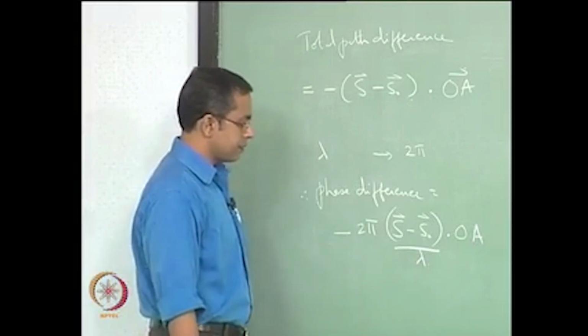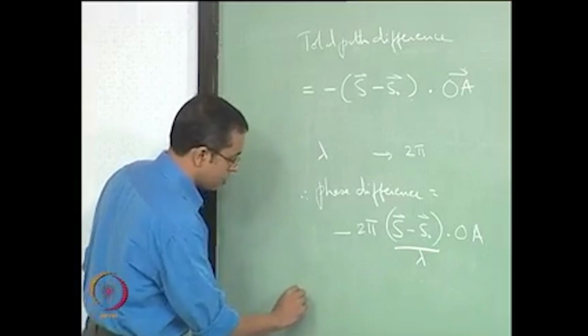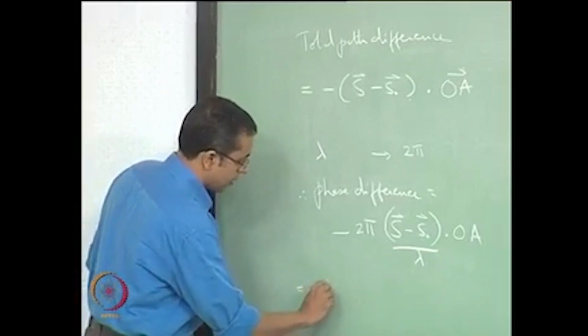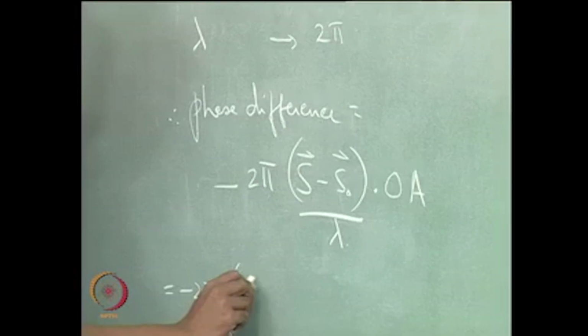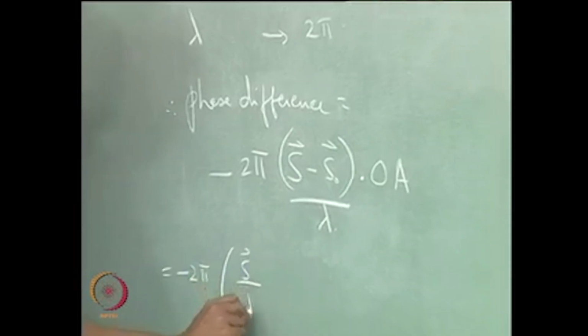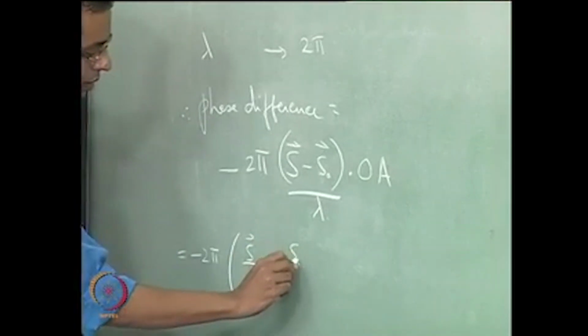So what we will say is we can in fact write this more specifically as minus 2 pi times S bar by lambda minus S naught by lambda.